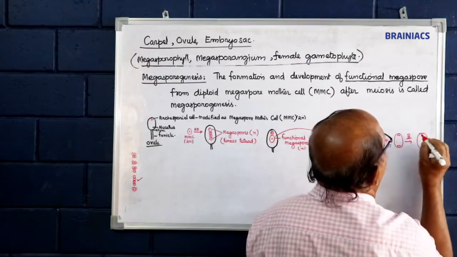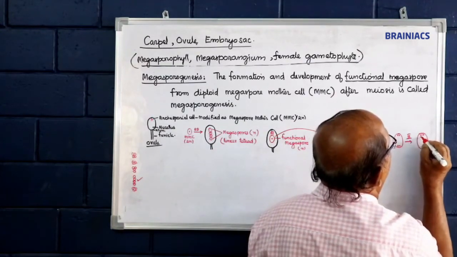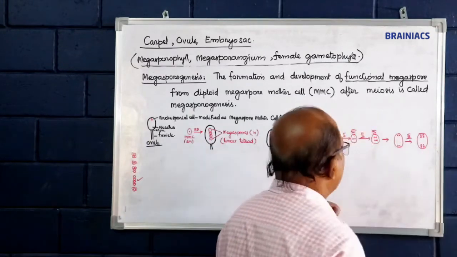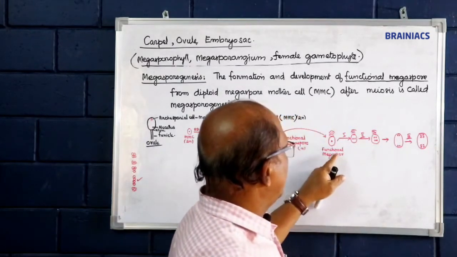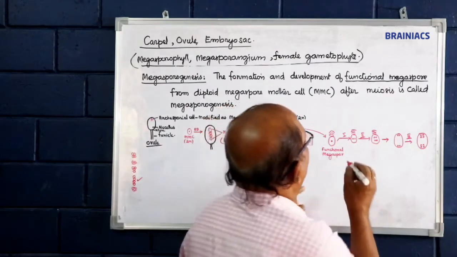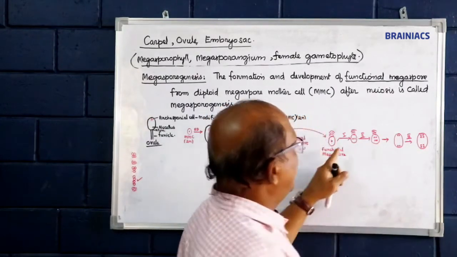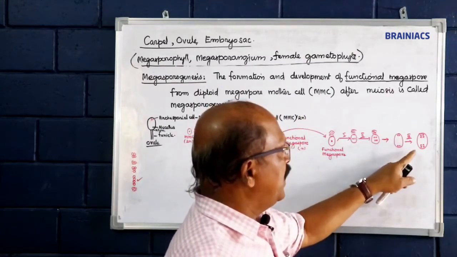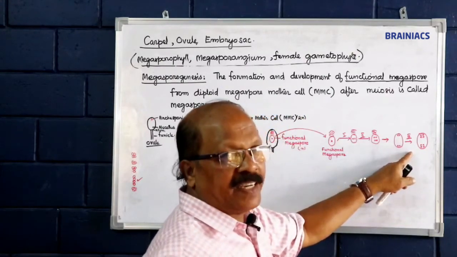Third division. So the nucleus of the functional megaspore undergoes 3 successive divisions, resulting in the 8 nucleated condition.